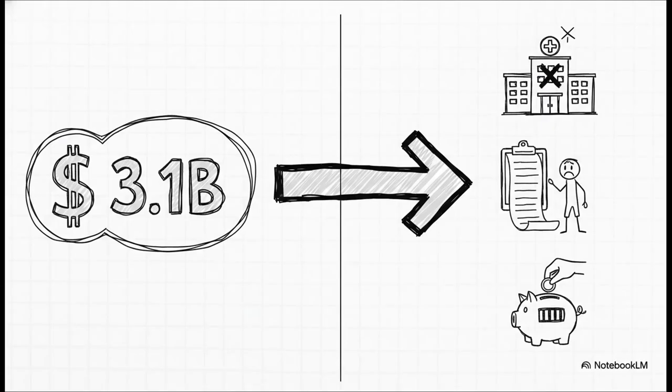But a number like $3.1 billion is so big it can feel kind of abstract. So what's really smart here, from a persuasion standpoint, is how they immediately connect that number to tangible human consequences. The argument quickly becomes not just about money, but about the alleged real-world effects of that underspending. We're talking ER closures and surgical backlogs, things people can really feel.